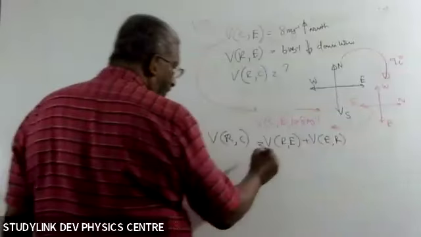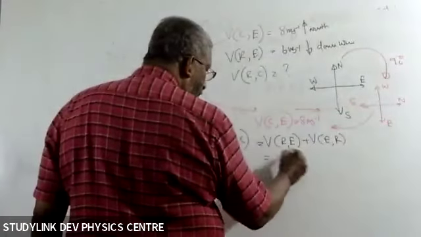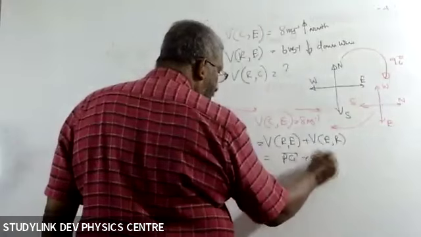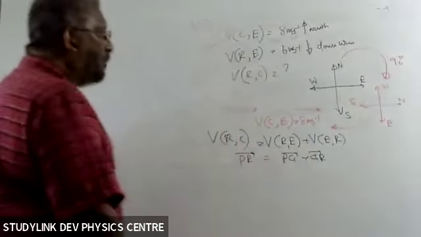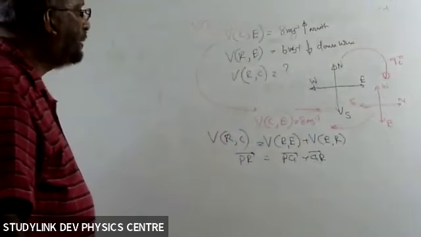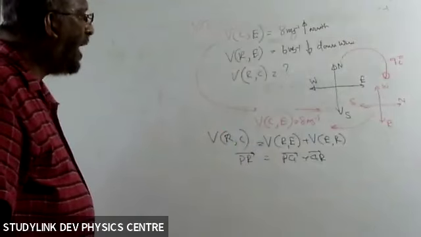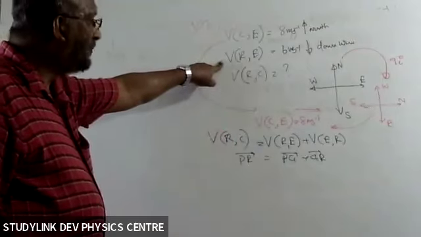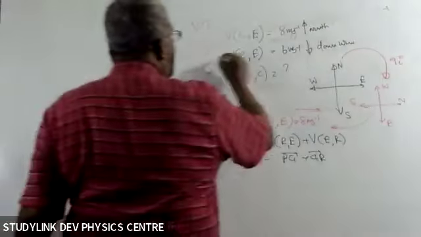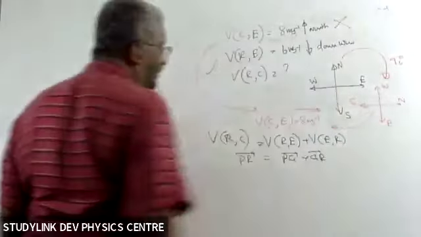What is V_RC? PQ plus QR, this is PR. Now PQ, what is PQ? V_RE. Now that is vertically down, it's correct. This is the one we have to change.